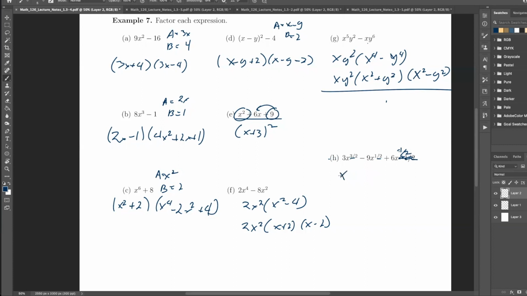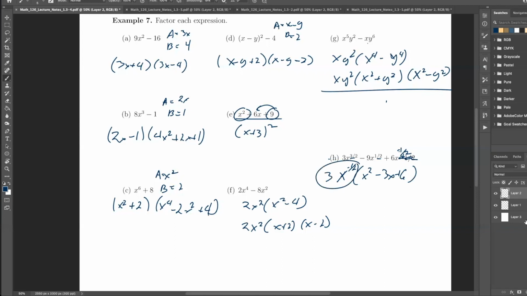So I'm going to take x to the minus 1/2 out. And in fact, I can pull out a 3 as well, so I might as well do that. If I pull out a half, this goes up by a half, and so this just becomes x squared. This goes up by a half, so this just becomes x, so minus 3x. And this goes up by a half, so this just becomes 0, so just 6.